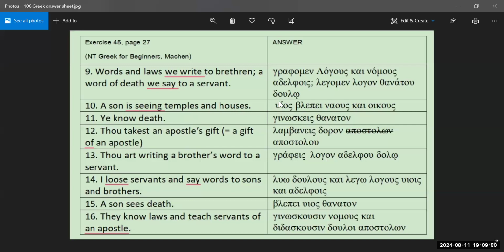So huios, that's the third person singular. Our son, that's this guy over here. Blepei, he. And we don't say he sees, but we just translate as our son sees, and he's seen temples. Now you had the word hieron in the text, and I'm not sure why I changed this to naous, because I think it's more common in the notes.